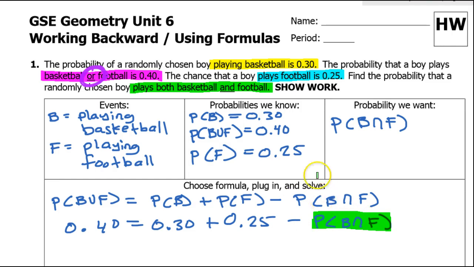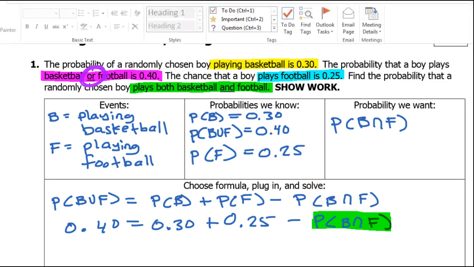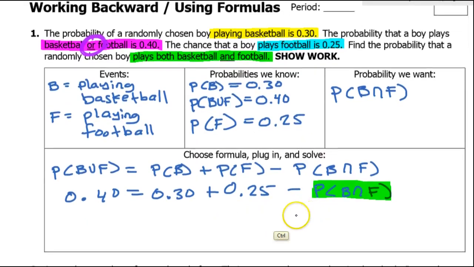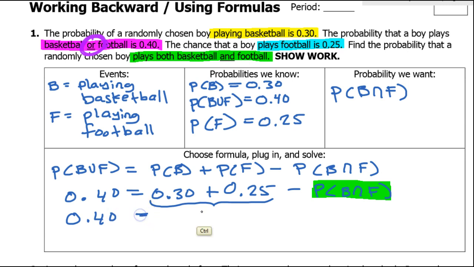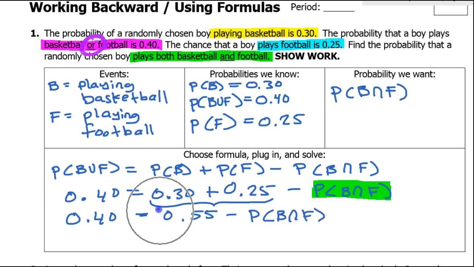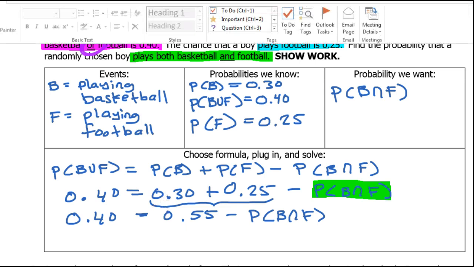Okay, we're going to get this by itself. So our next move should be to go ahead and combine like terms. Let's put these together. So that's going to give us 0.4 is equal to 0.55 minus the probability of B and F. All right, that puts us one step closer.